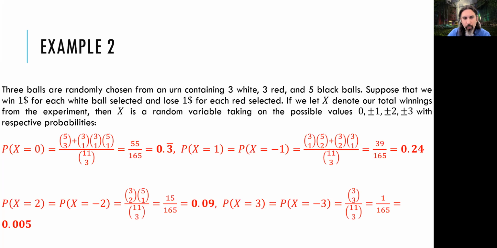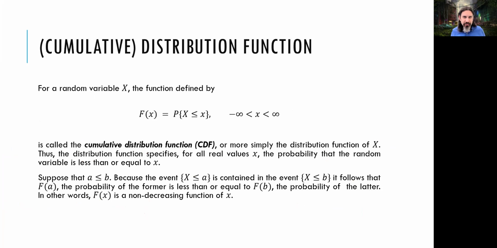Now, we have the cumulative distribution function. The cumulative distribution function is a probability function, actually, and it gives us the probability up to a limit. If you take a look at this equation, you see that F(x), which is the cumulative distribution function, is equal to the probability of X being less than or equal to another x.